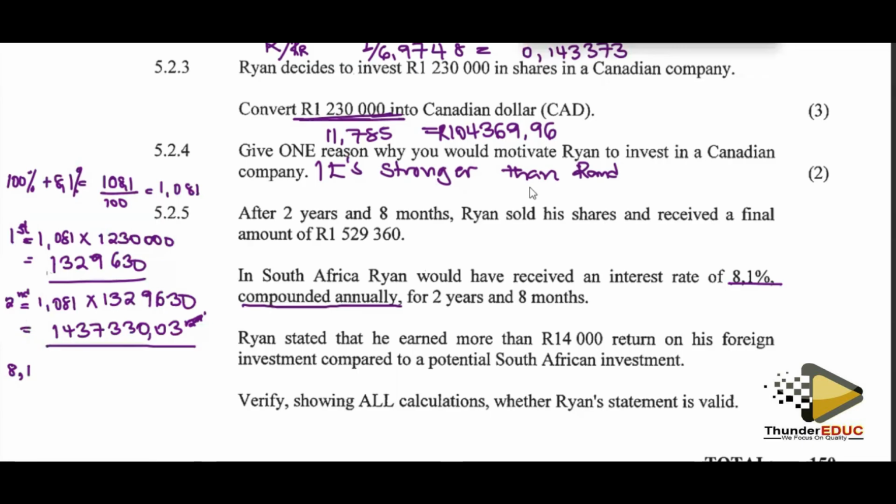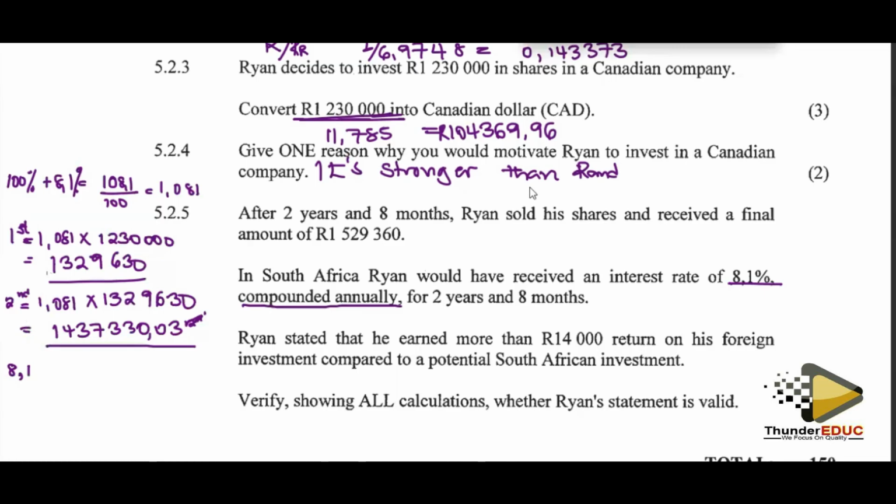So number one, we look at the interest they used. It was compound. What percentage? So compound also falls under, we would do it the way we do, step by step. So the first step is to get 100% plus the 8.1, which becomes 108.1 percent. We divide this by 100, and the answer becomes 1.081.